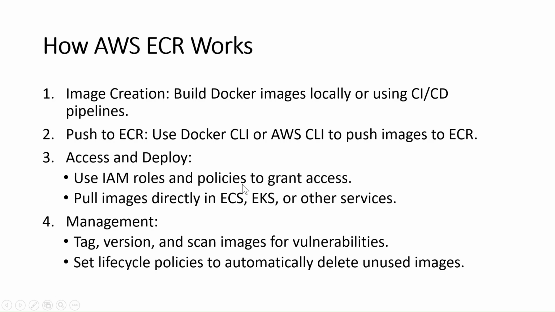For example, you can allow only your application server or team members to use certain images. When you are ready to use the image, services like ECS, Elastic Container Service, or Elastic Kubernetes Service can pull the images directly from ECR, and you can run them in your environment. And lastly, management.